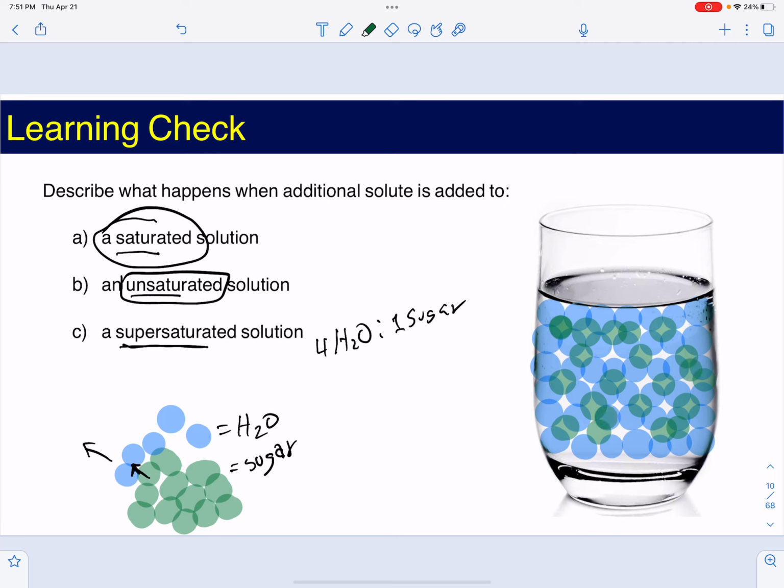So the water is basically working overtime now. It doesn't only have to encase one ion. Now the same amount of water, because it's really hot and moving faster and can separate better, is encasing more. So it's going over the capacity because I'm forcing it to. That would be a supersaturated solution.